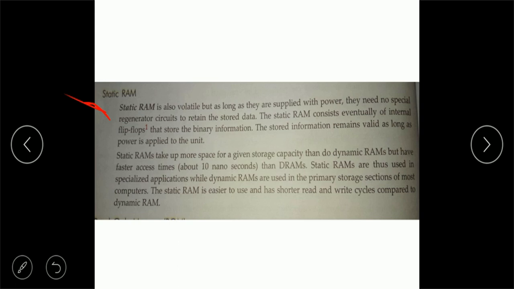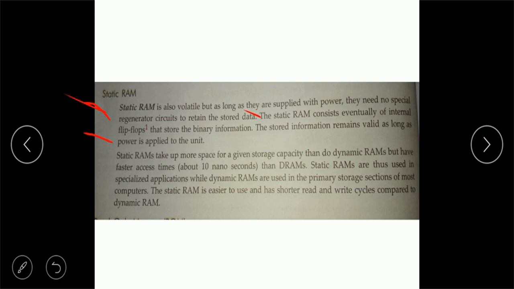The static RAM consists eventually of internal flip-flops. Flip-flop is the binary cell in which data is stored. So it eventually consists of flip-flops that store the binary information. The stored information remains valid as long as the power is applied to the unit. Means in this the data is not lost and refreshing is not required.